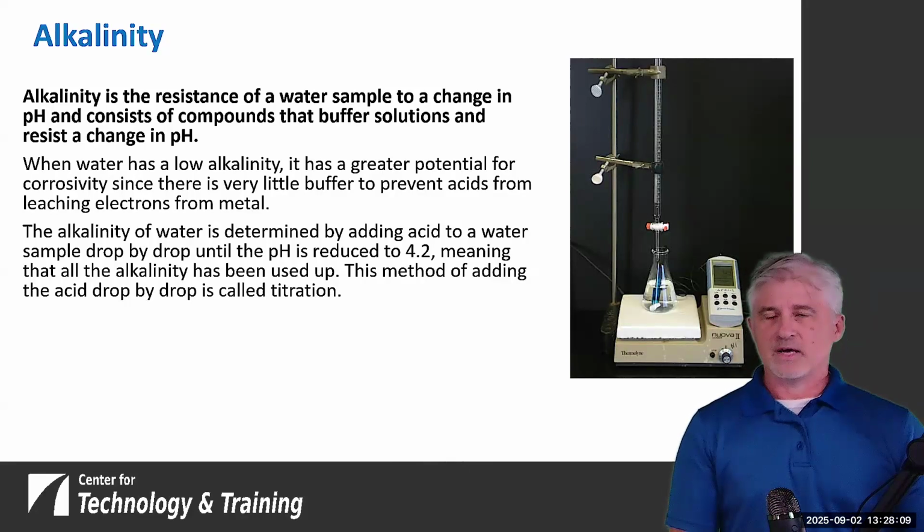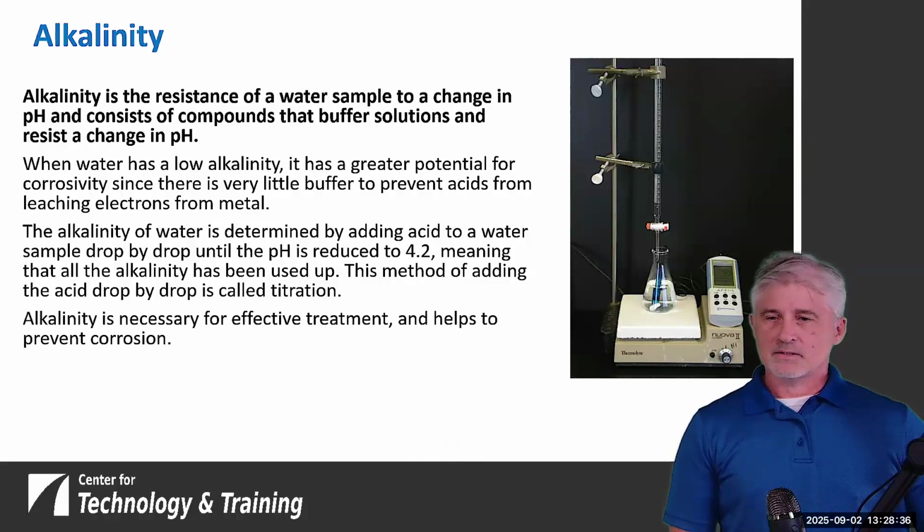You've got a certain color, and then you add your acid, and then that color goes away, and that will give you an indication of what your alkalinity is. As it says, the method is drop by drop. It's called titration.